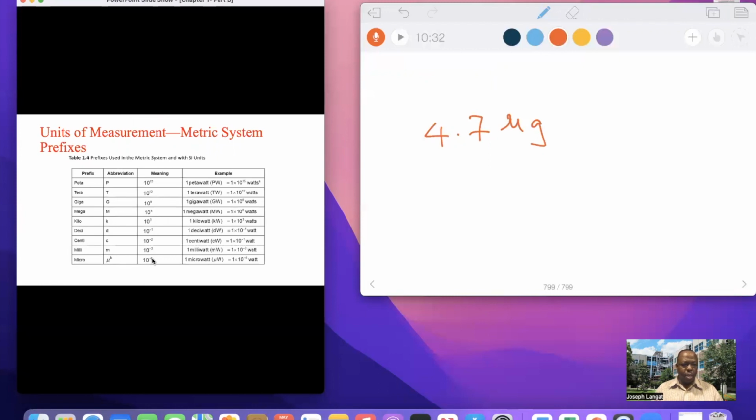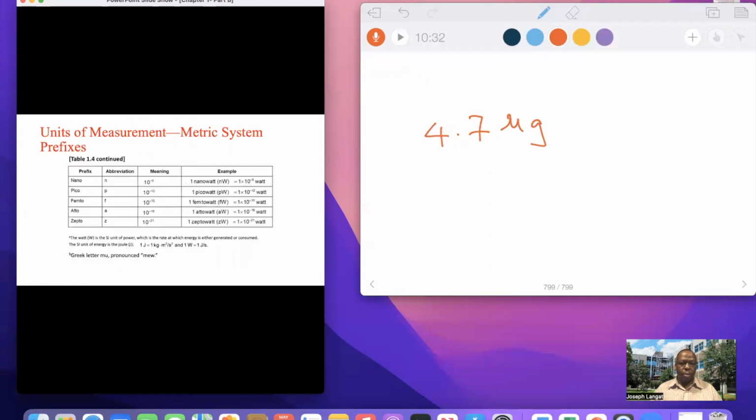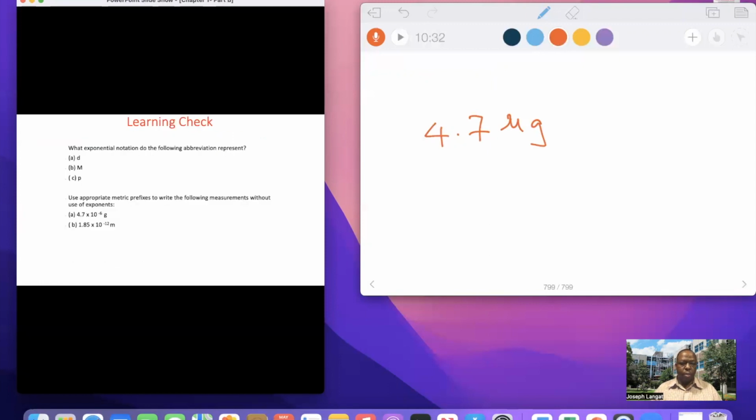We don't have times 10 to -5. Somebody asked me before, but this is what you only need to learn. This is A, and B, that will be 1.85 times, not times, but we want to use the symbol, the prefix.